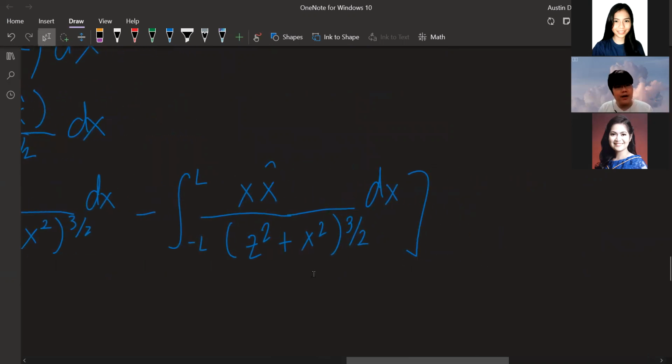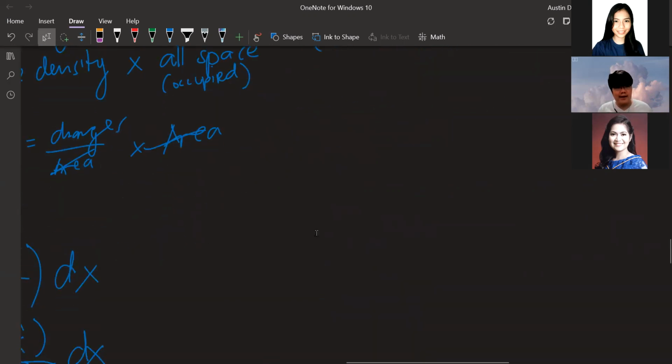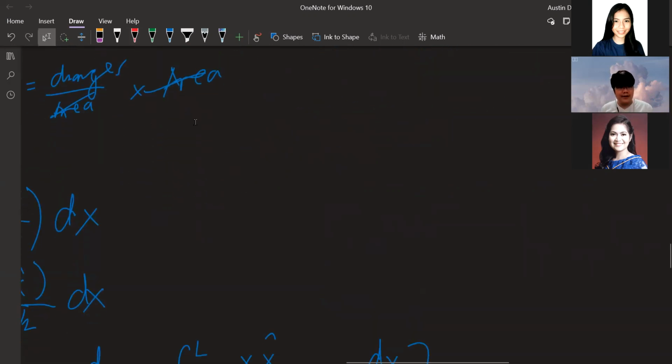Solve muna natin itong integral over x hat. Okay, so in x hat. Okay?